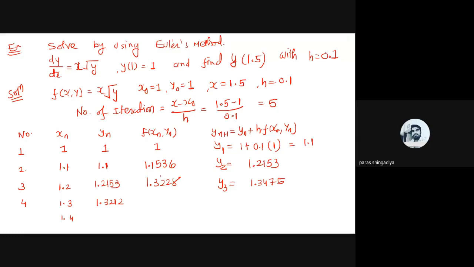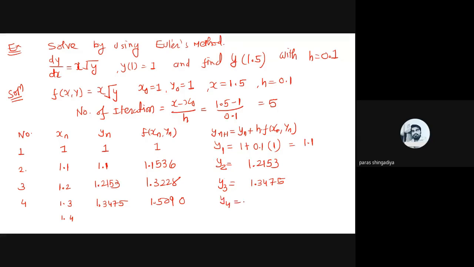Okay, 3475, yes. And here it will be 1.3475. Okay, and now check function output. 1.3 square root 1.3475. So it will be 1.5090.